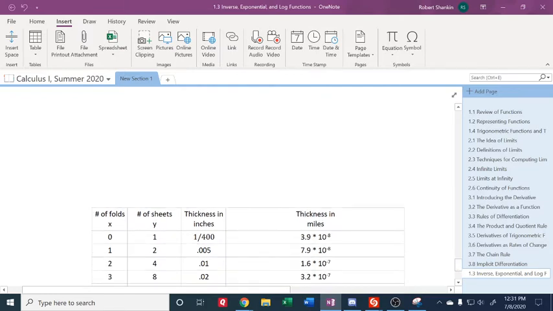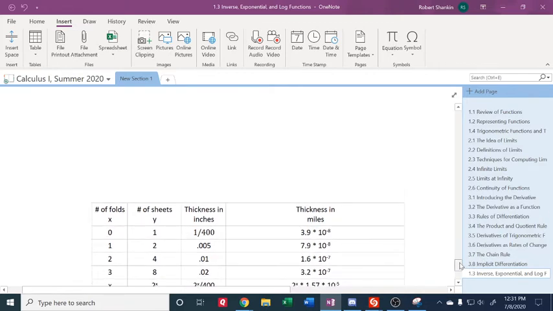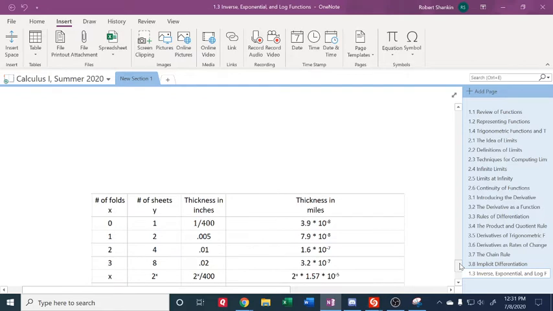Number of folds, 3, number of sheets, thickness, and I did it with x, so you can see the general pattern. It's 2 to the x number of sheets thick, so it is an exponential function. So this is y equals 2 to the x. And this is exponential growth.